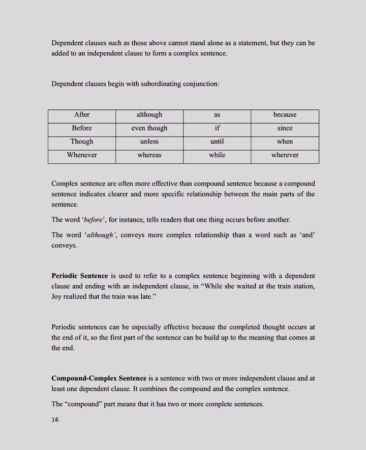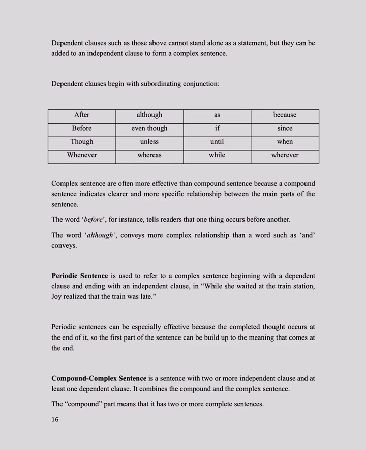A periodic sentence is used to refer to a complex sentence beginning with a dependent clause and ending with an independent clause. For example, "While she waited at the train station, Joy realized that the train was late." Periodic sentences can be especially effective because the completed thought occurs at the end, so the first part of the sentence can build up to the meaning that comes at the end.